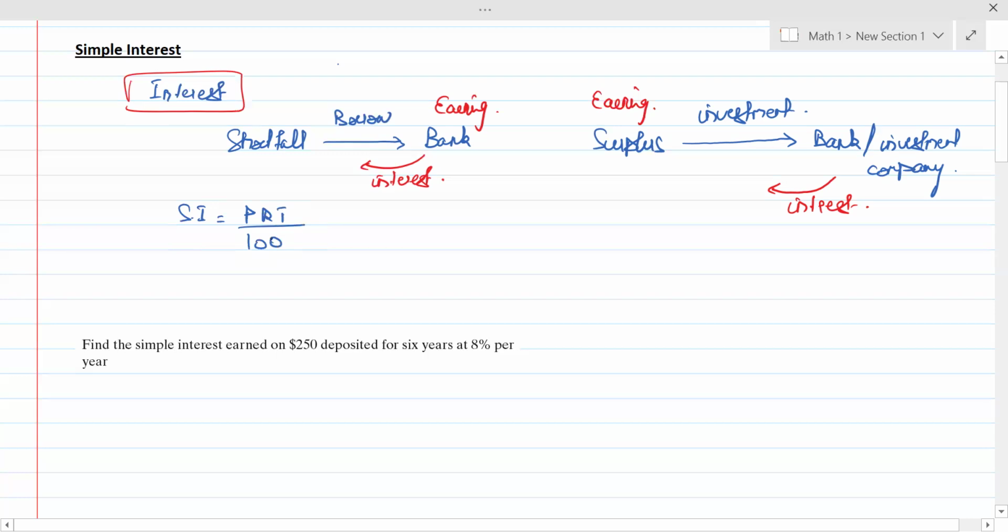And now what does PRT represent here? P represents the principal. Principal is either the amount borrowed or the amount invested. Either you are borrowing this amount or you are investing this amount. R is the interest rate charged.